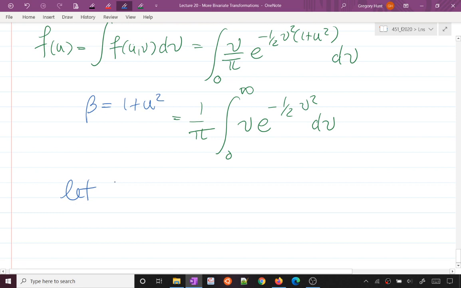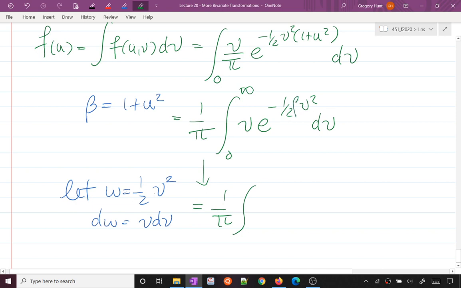So let us say, well, let's not use the letter u, let's say w is, what do we want to make it? 1/2 v squared. Then dw is v dv, and this integral here, the 1 over pi, the integral, whoops, I forgot my beta here. There should be a beta on this. That's just my 1 plus u squared.